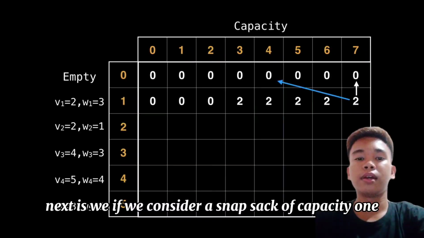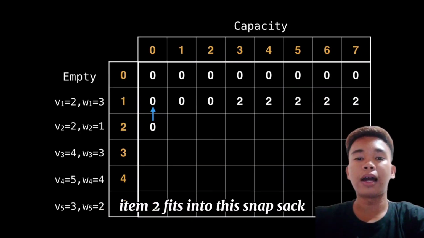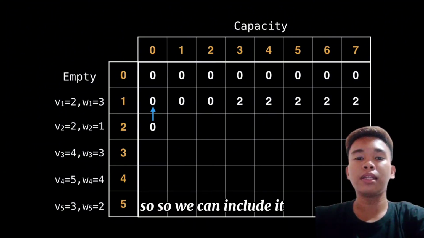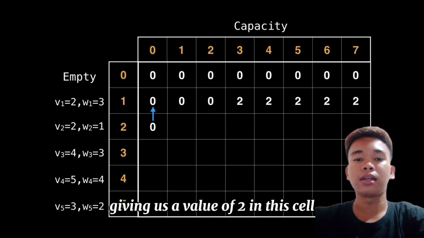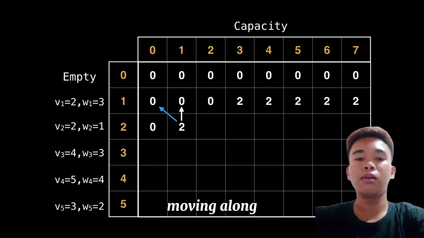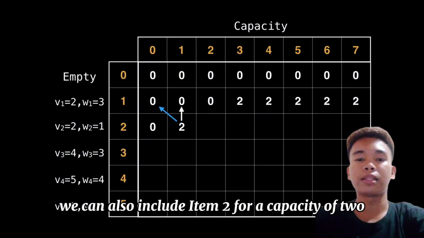Next, if we consider a knapsack of capacity 1, item 2 fits into this knapsack, so we can include it, giving us a value of 2 in this cell. Moving along, we can also include item 2 for a capacity of 2.